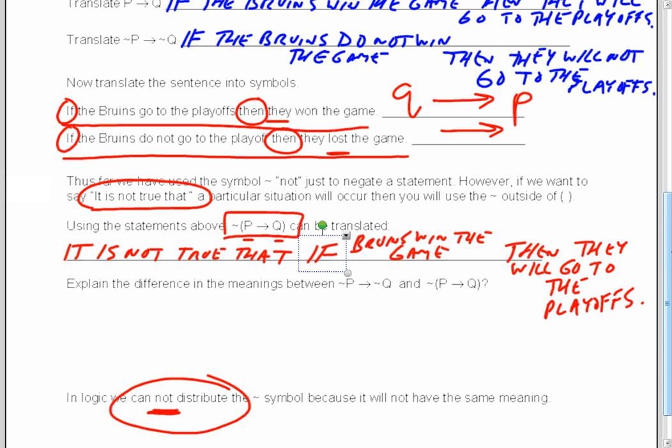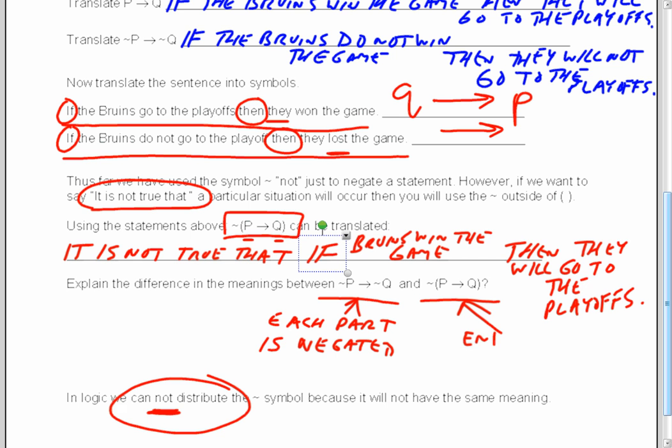And I just explained the difference between this and this. For the first one, each part is negated. For this one, the entire phrase is negated, or the entire statement.